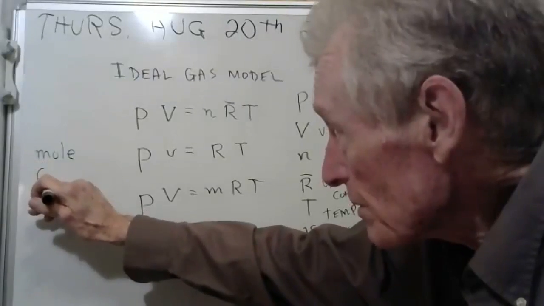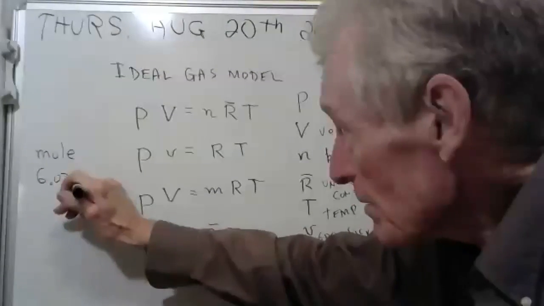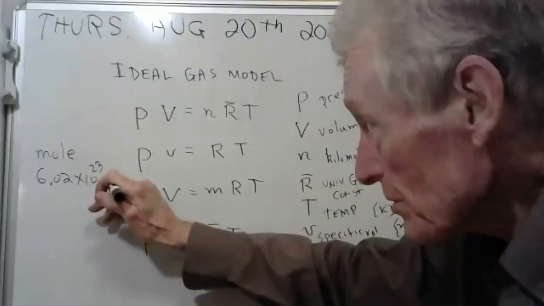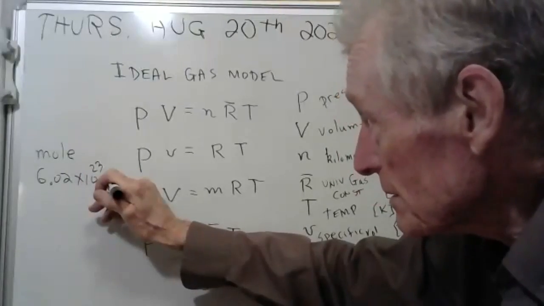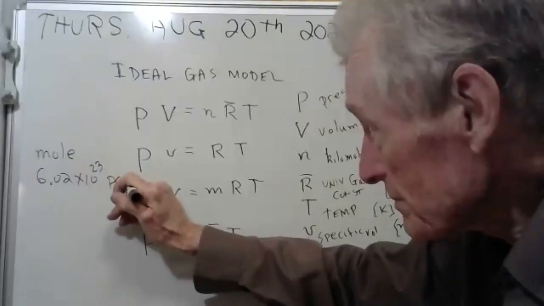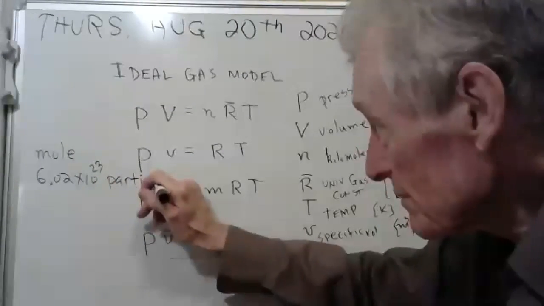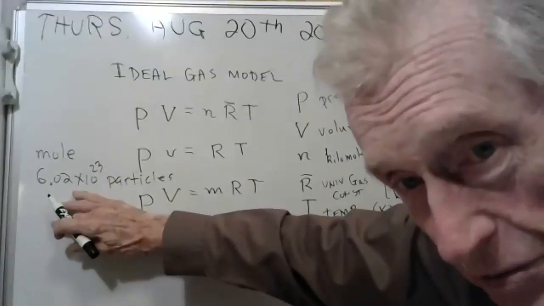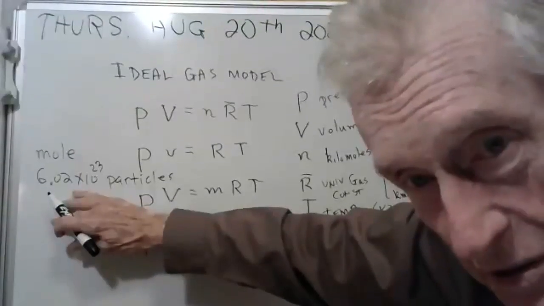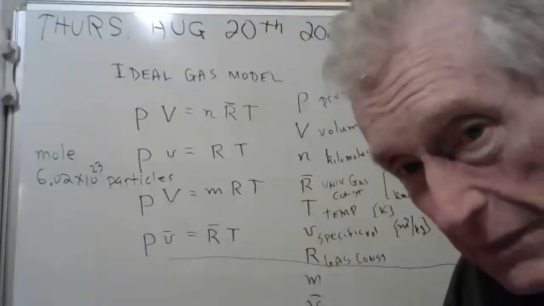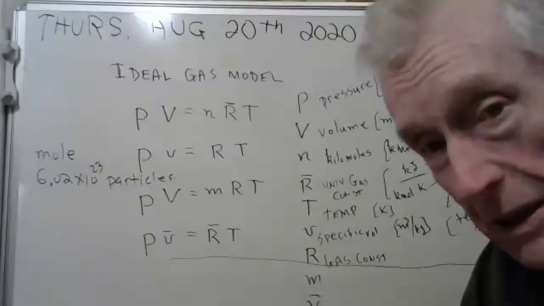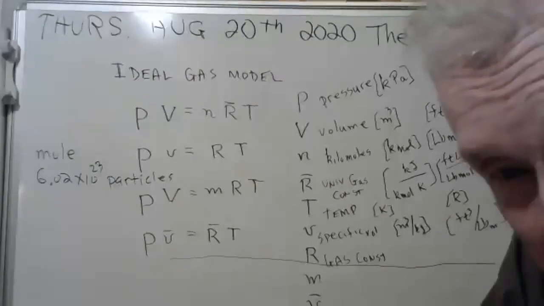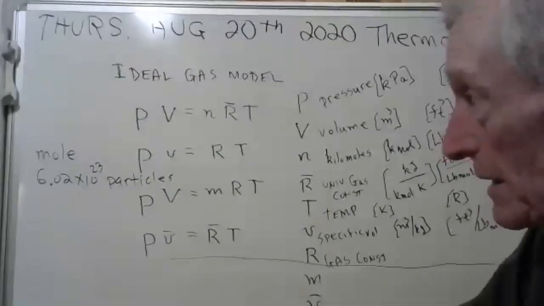It's 6.02 times 10 to the 23rd atoms or molecules, particles, okay? Did they ever teach you that in school? Avogadro's number, right? Now that's a mole.